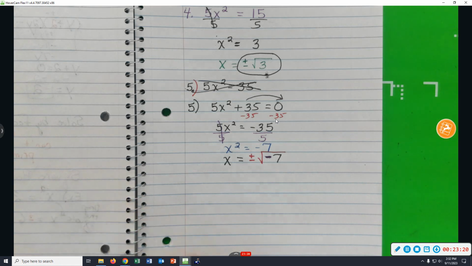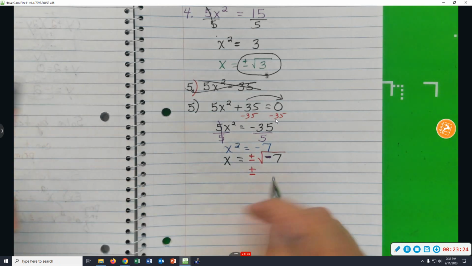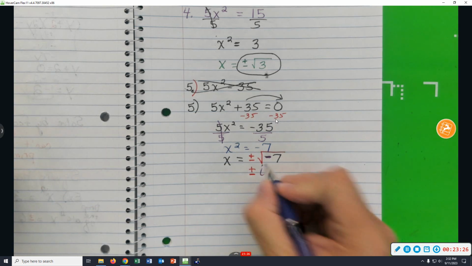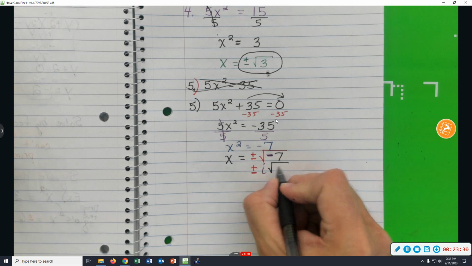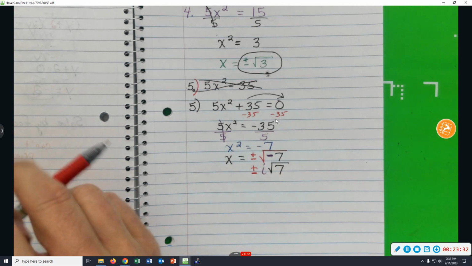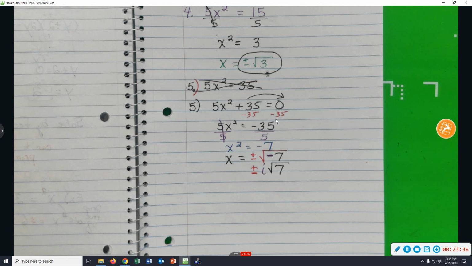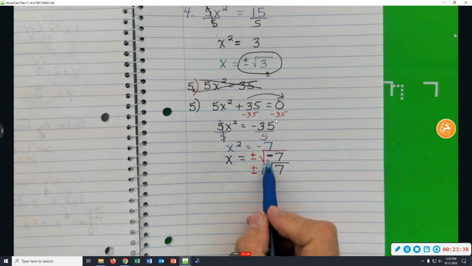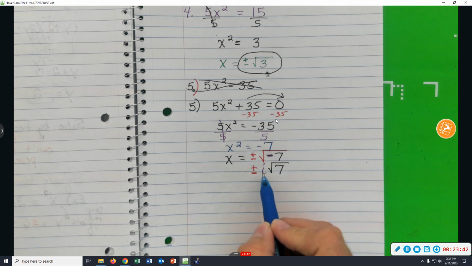So we write plus minus i, and then just leave the square root of 7 under there. If there's a negative under a square root, you never leave it like that. You put an i and remove that minus. This negative right here became this i right there.